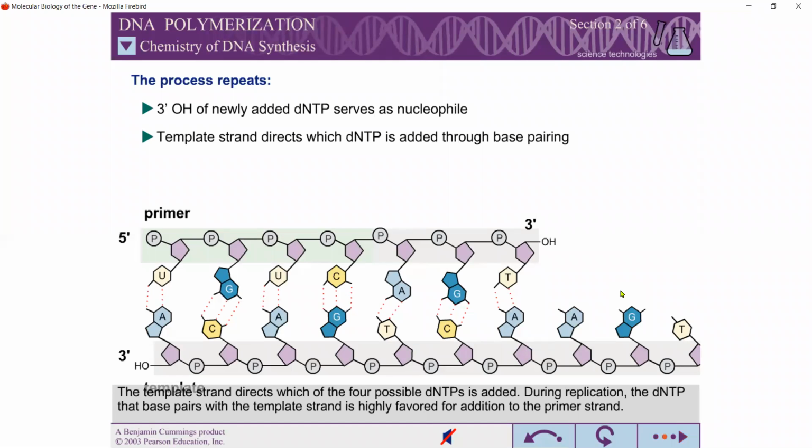Mainly polymerase 3, we'll be getting into that, helps in the polymerization process. Polymerase 1 can also polymerize, but polymerase 1 has also another important function. I'll come to that later on.